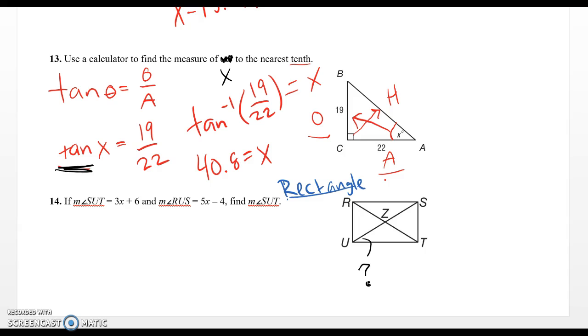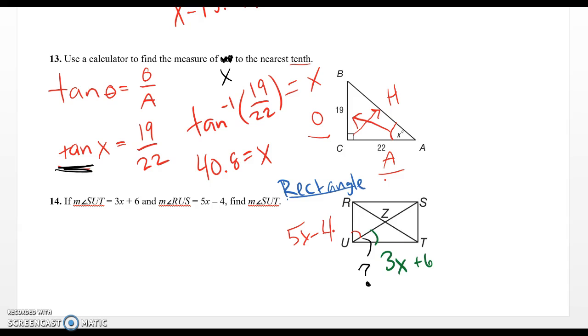And it tells us that SUT is equal to 3x plus 6. And it tells us that RUS, this guy right here, is equal to 5x minus 4.